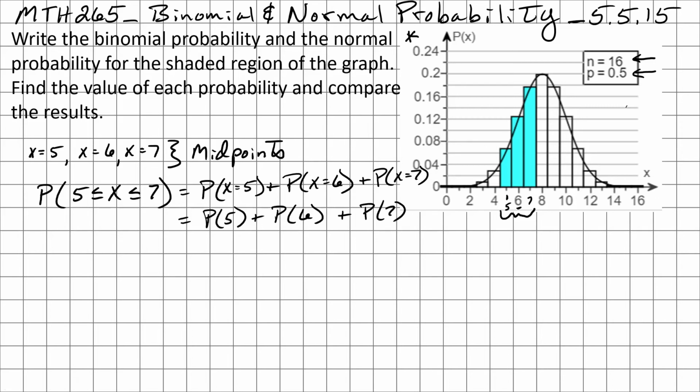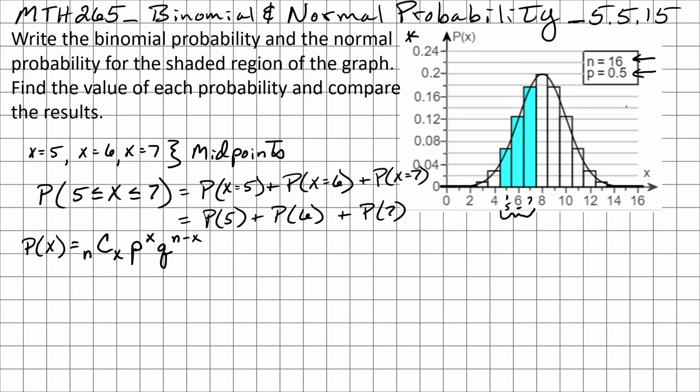And we're going to use the following formula for P of x. P of x is going to be equal to a combination of n items taken x at a time, multiplied by p to the x power times q to the n minus x power.